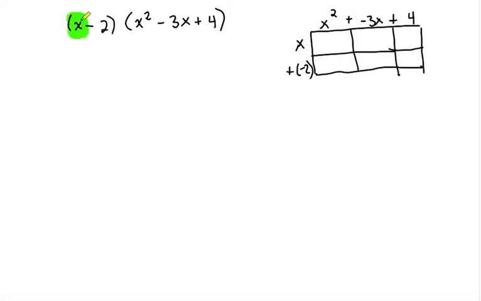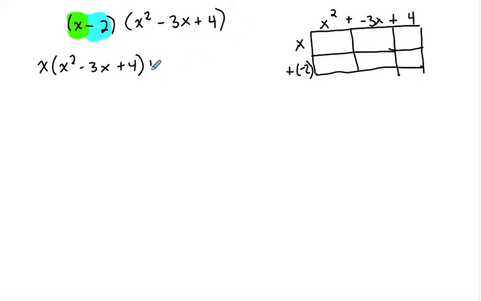So remember, this first term needs to be distributed into the entire second parentheses. So the x needs to be multiplied by x squared minus 3x plus 4. And then I need to add that result to the second term being distributed across.